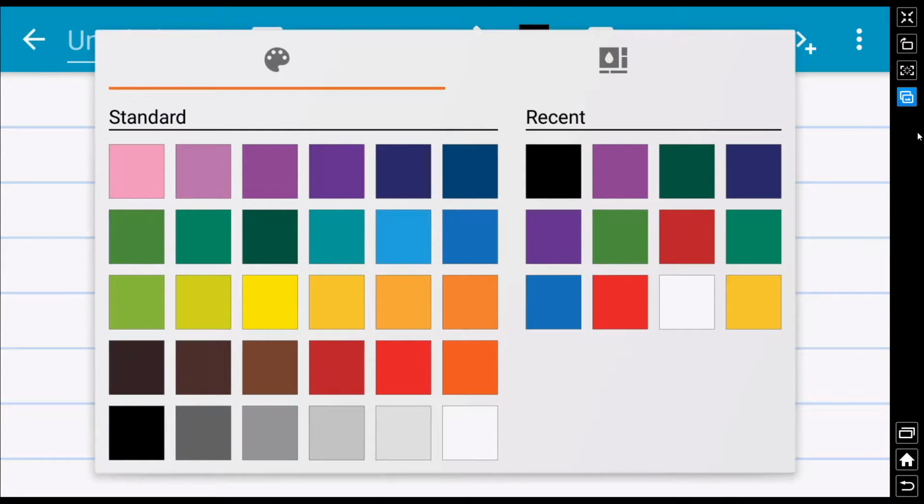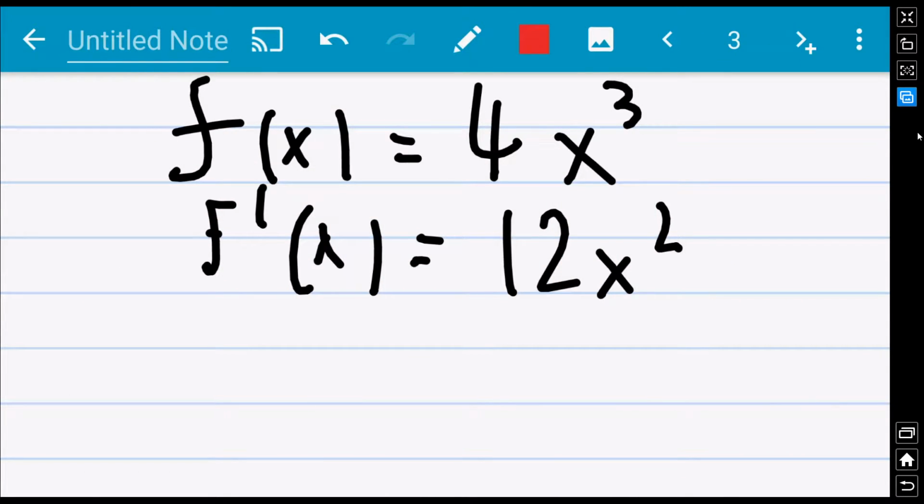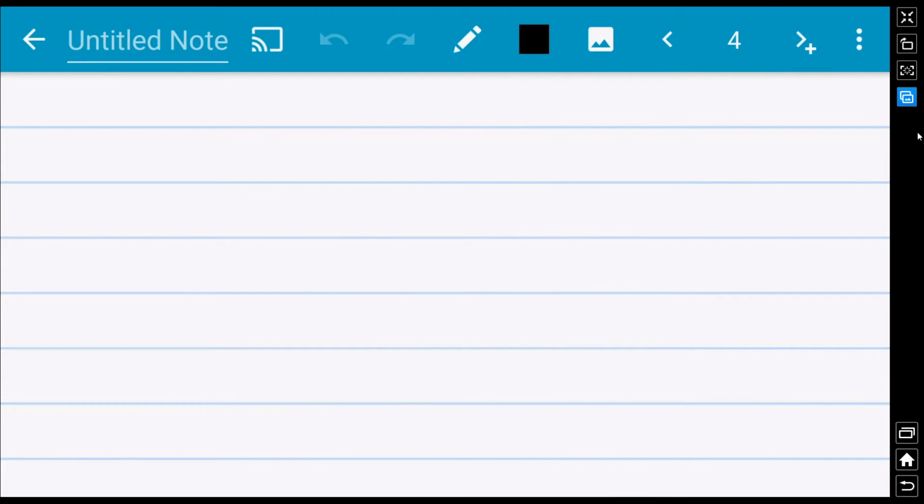Well, I removed 1 from the exponent, and I multiplied this 3 by that 4. So I got 12x squared. Now let's try something a little bit more complicated and we can move on.